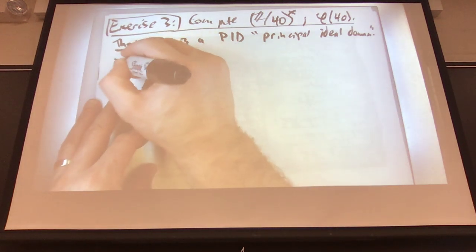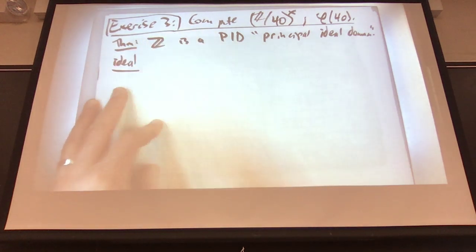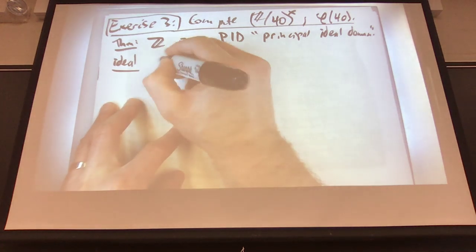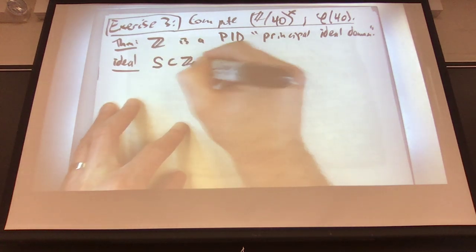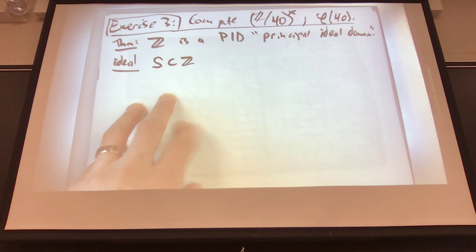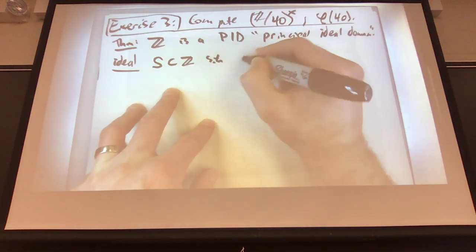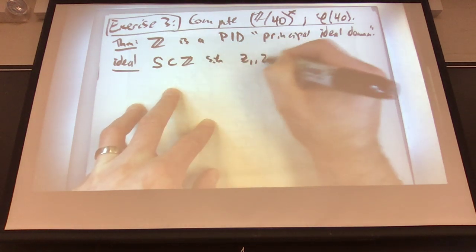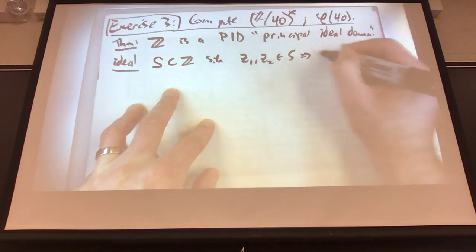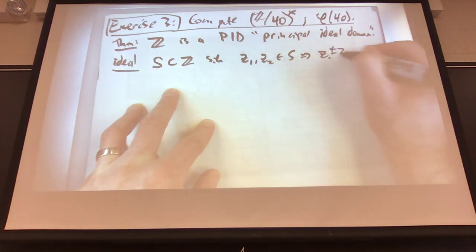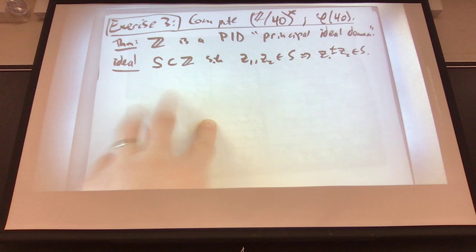An ideal, remember what an ideal is. It's a set S in your ring so that if Z1 and Z2 are in S, then Z1 plus or minus Z2 are in S. So you can add and subtract.